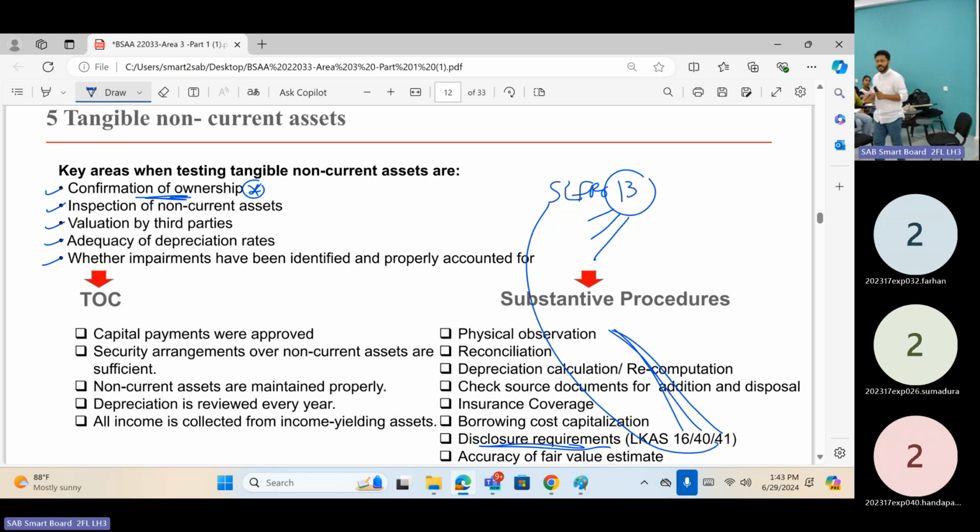You have to do component depreciation. The useful life should be identified with each component and depreciated accordingly.